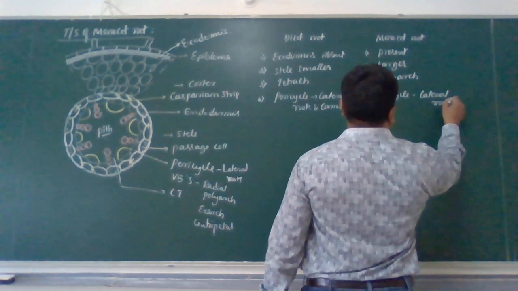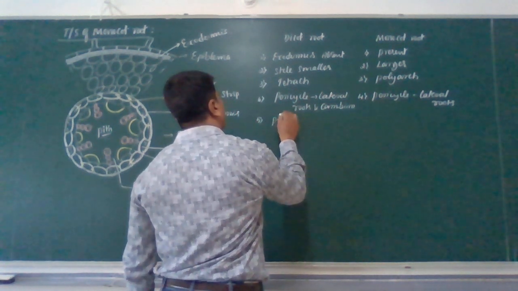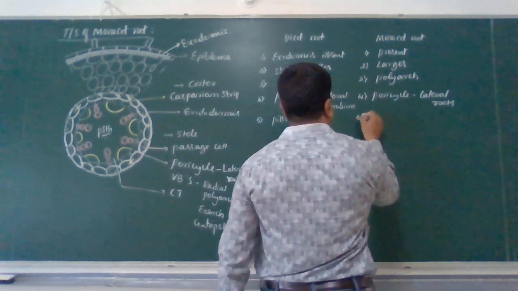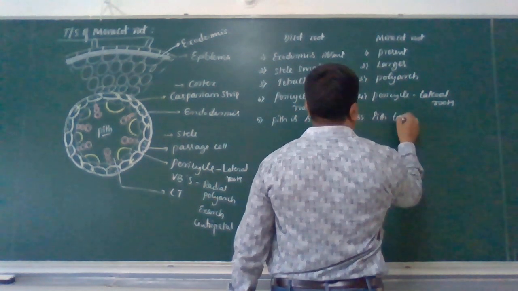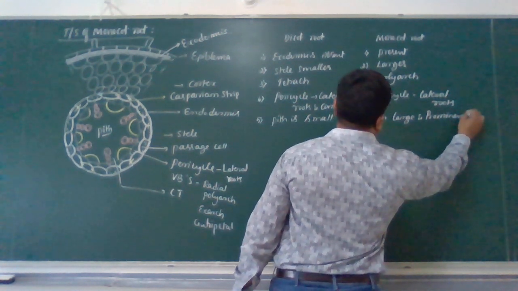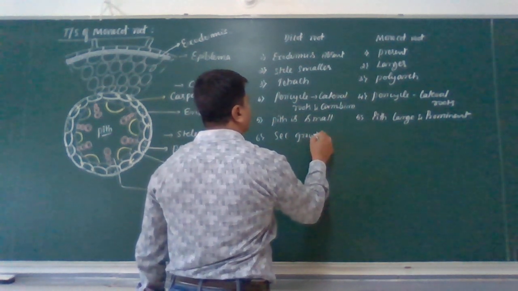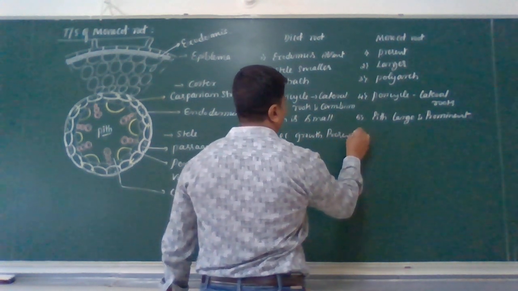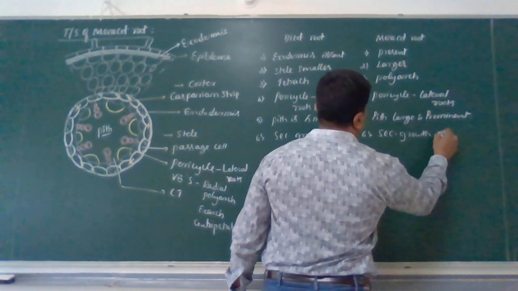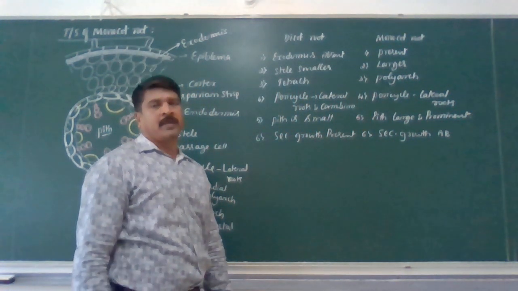Next, pith: in dicot it is small, in monocot it is large and prominent. Then finally secondary growth: present in dicot because of the presence of cambium, absent in monocot. So these are the differences between dicot root and monocot root. I think it is very clear for you.